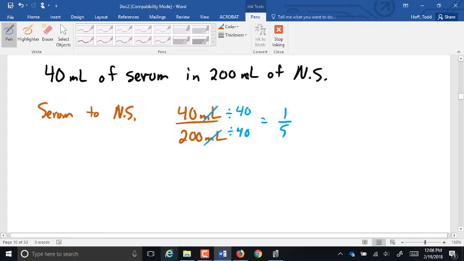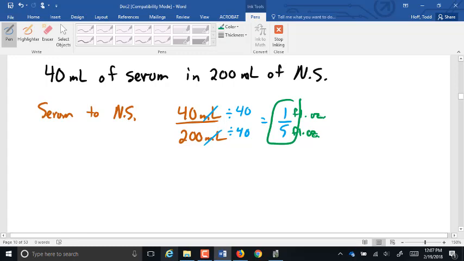Now, we just mentioned those units divide out, so the units really don't matter. And that's true even from the ratio. I can have that same mixture of serum to saline if this is 1 fluid ounce to 5 fluid ounces. It would give me the same ratio as if it was 1 milliliter to 5 milliliters.